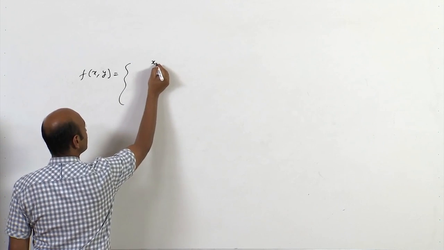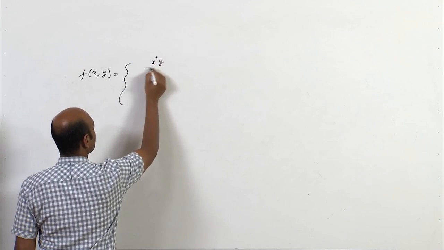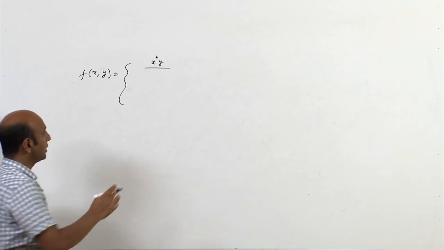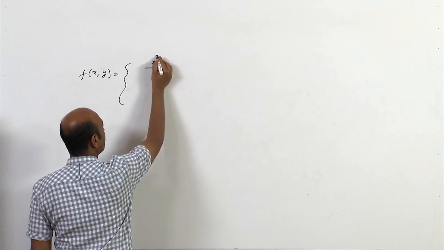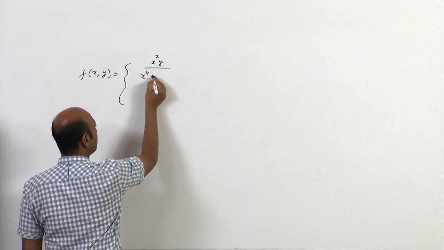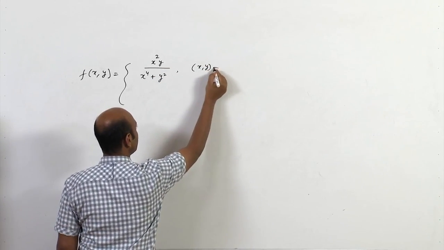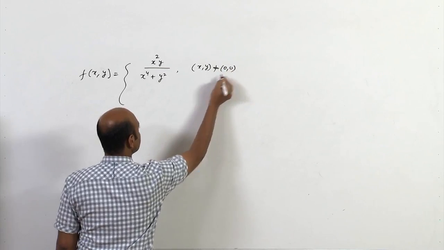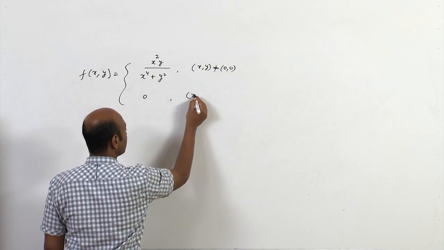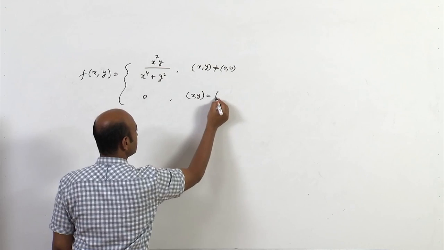So, it is x square y upon x raised to power 4 plus y square when x y is not equal to 0 0, and it is 0 when x y is 0 comma 0.